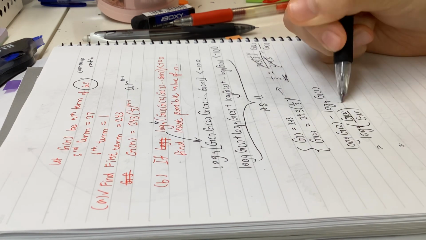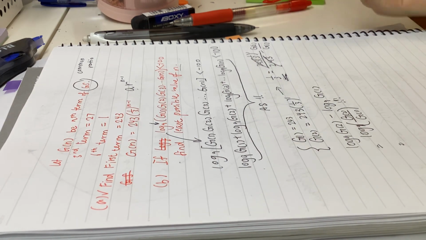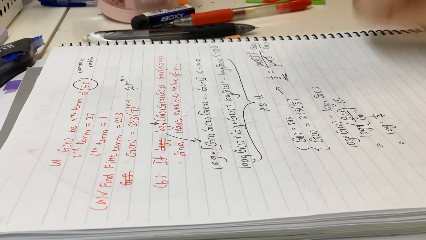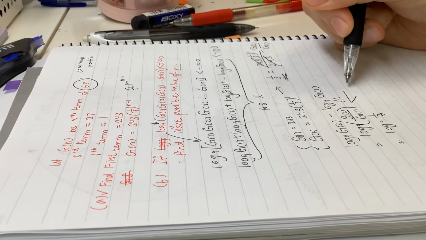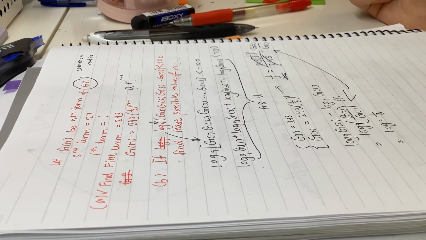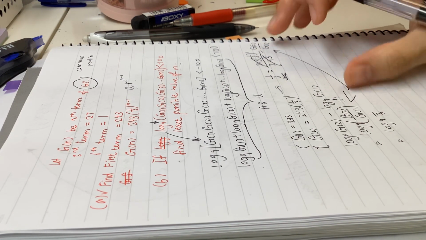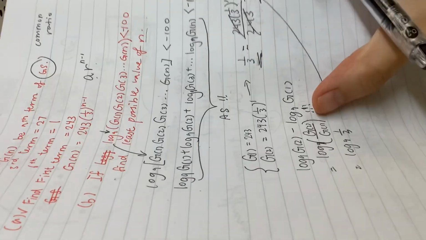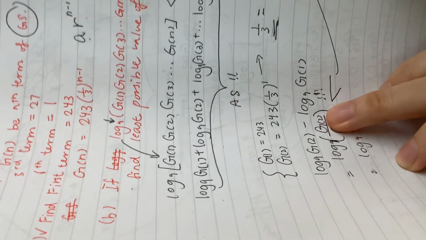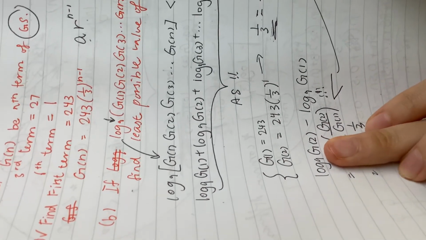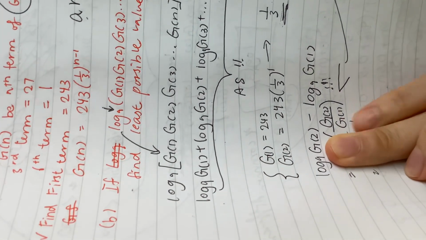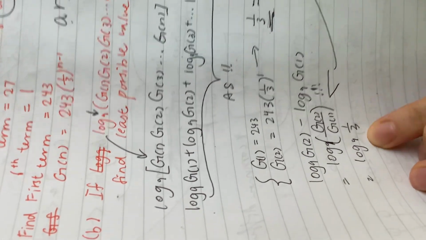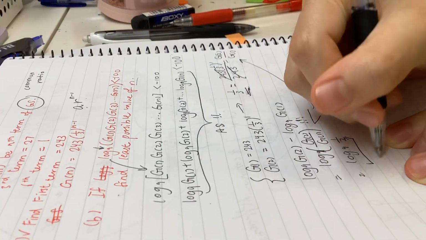This is actually a secret note, and you actually get the same. What's happening here is the same as over here, because it's just G2 divided by G1. So we kind of ignore the log 9 first, and we get this, right? Then we can see, oh, this is the common difference.